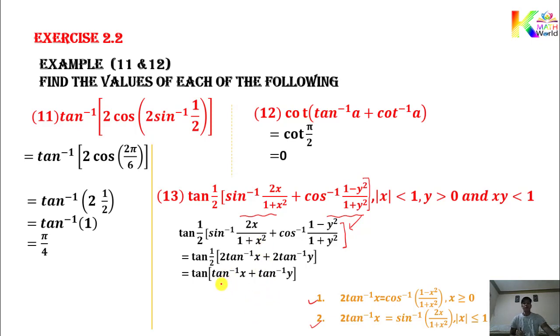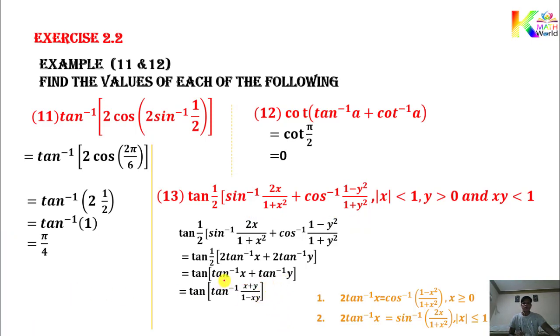Okay, now the addition formula for tan inverse. What is the formula? Addition in numerator, same sign with same sign, tan inverse of x plus y over 1 minus the product of these two numbers, 1 minus x into y. It means we get tan of tan inverse of x plus y over 1 minus x into y.